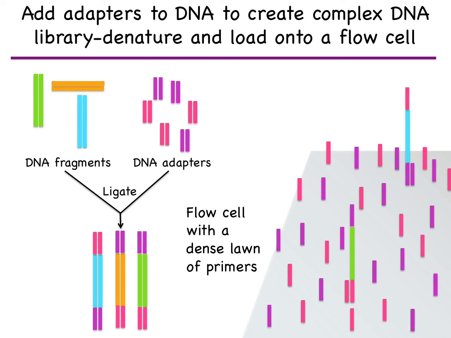And then what you do is you just flow onto the flow cell all the building blocks for synthesizing DNA. So that means the four bases, A, C, G, and T, and you're also flowing onto the flow cell a DNA polymerase. And then what happens at this next step is the DNA polymerase is just going to extend the chain in a 5' to 3' direction, which is the direction of DNA synthesis, and you're going to make a duplicate copy of this DNA strand that just hybridized to the primer on the flow cell.